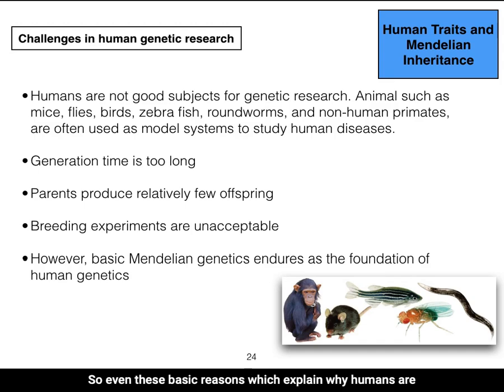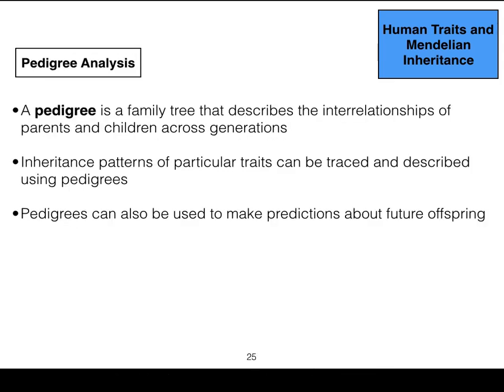Even with these basic reasons, which explain why humans are really bad subjects for genetic research, basic Mendelian genetics endures as the foundation for human genetics. So even though humans are usually a really bad model system for studying Mendelian genetics, scientists can use something known as a pedigree to look at genetics in human families.